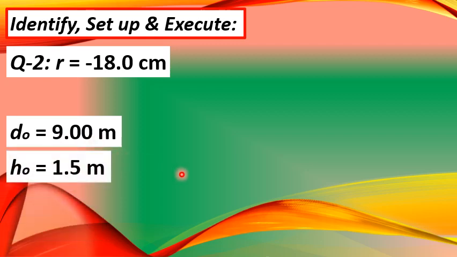This other car from behind is 1.5 meters tall, which means the height of the object, ho, is equal to 1.5 meters, and we are asked to find the height of the image of the car from behind when viewed in the mirror. That is denoted here as hi.